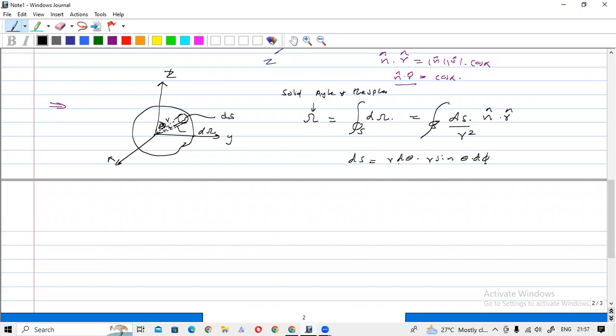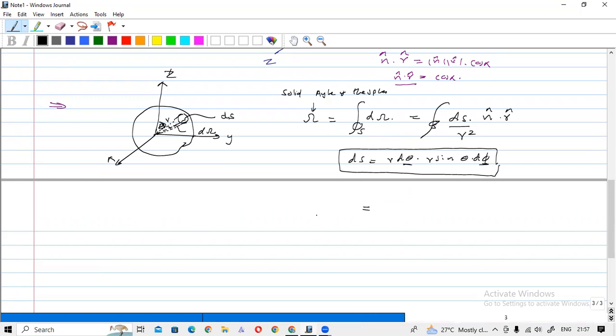We have used this in the previous week. Now you can see that you have the variables d theta and d phi, so you have to do the double integral through d theta and d phi.